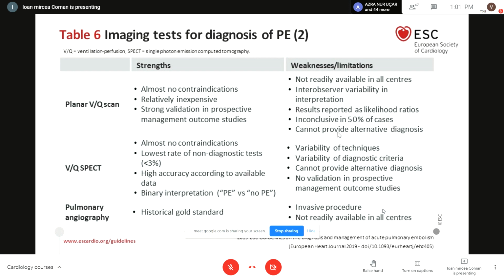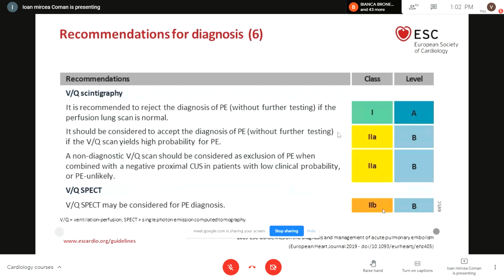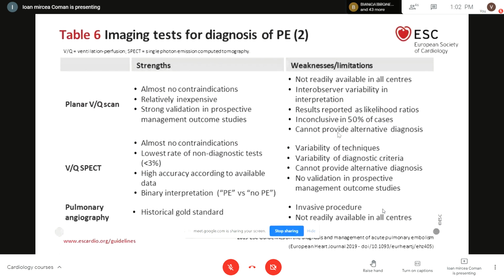For example, in Romania, we do not have any possibility to do a ventilation scan. We can do perfusion scans, but ventilation, due to some technical reasons, is not available. And also the results can sometimes be tricky, with inconclusive results in almost 50% of the cases.